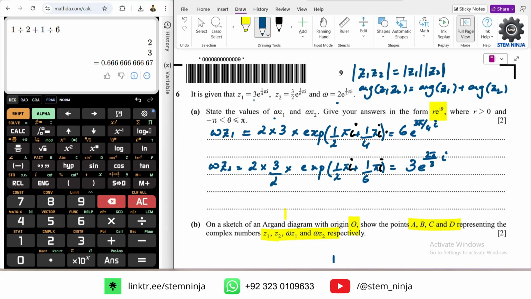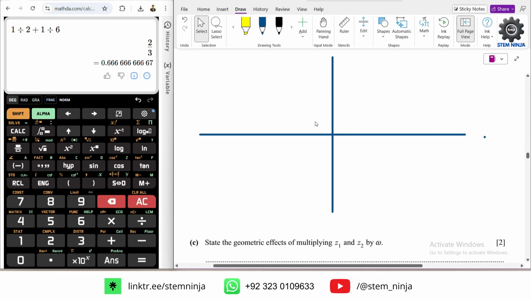So Z1 is 3. We need to go to 6 for omega Z1, then you have 3 by 2 and this. Pi by 4 is 45, 3 pi by 4. So let's say like this. This is our Z1.